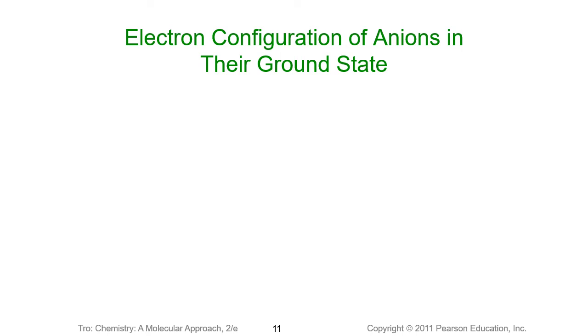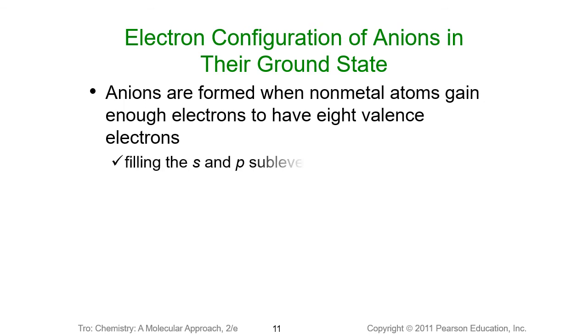Now, if we look at anions in their ground state, that just means all the electrons are in the lowest energy level possible. We want to form an anion. We're adding electrons into the anions that are formed from the nonmetals so that there are enough electrons to have 8 valence electrons. So we fill the s and the p sublevels of our valence shell.